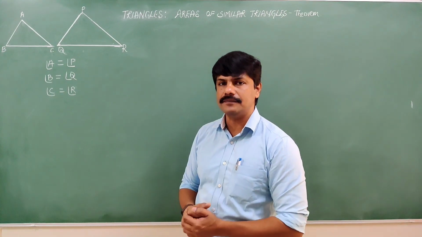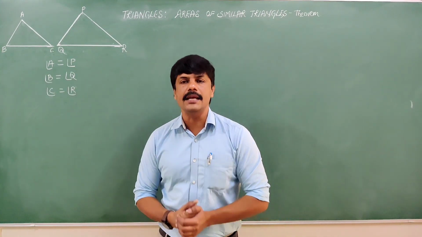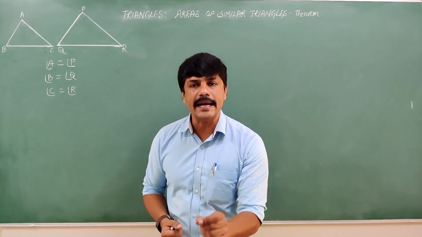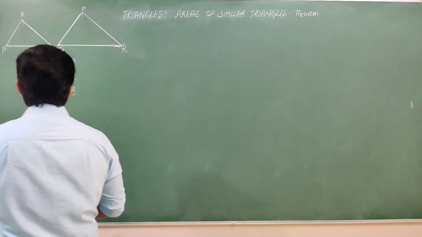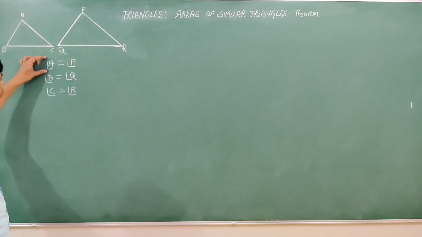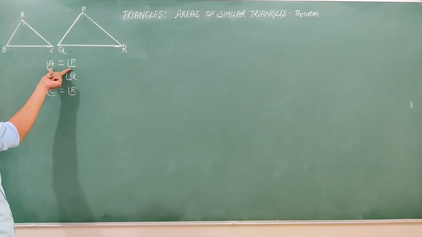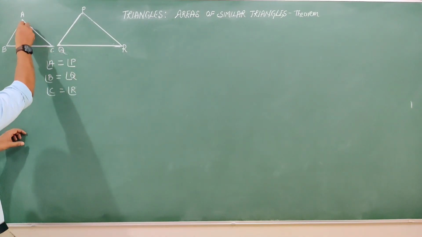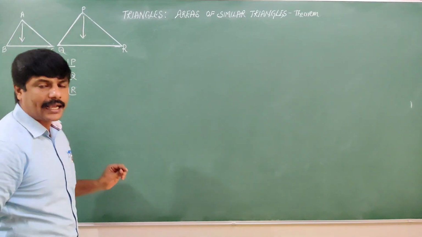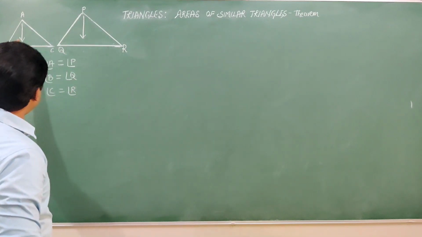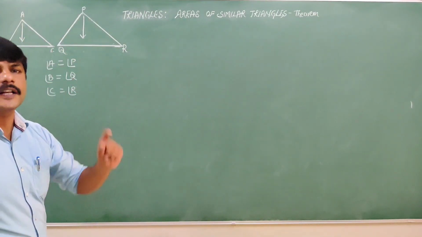What is the second condition? The second condition is that corresponding sides must be in the same ratio. Which are the corresponding sides now? Consider the corresponding angles: the sides opposite to the corresponding angles become corresponding sides.